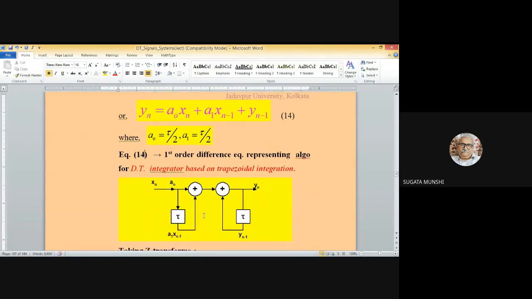So the structure of this algorithm is shown there. Here, 2 unit delay elements are required: 2 input adders, and 2 unit delay elements. That means 2 storage locations are required for storing x n minus 1 as well as y n minus 1. Here, a1 x n minus 1 is stored.